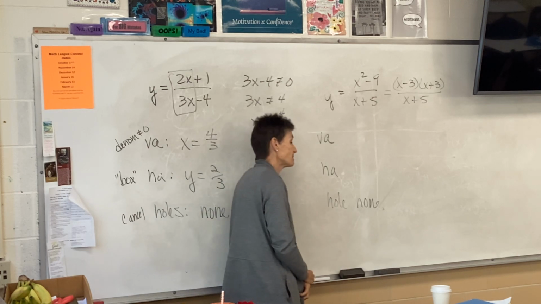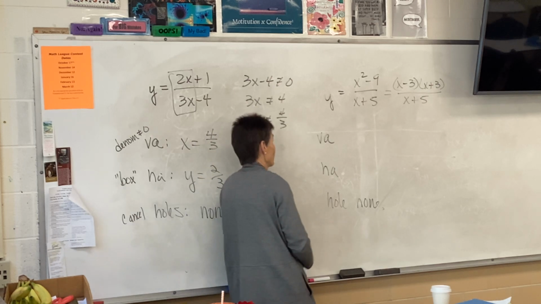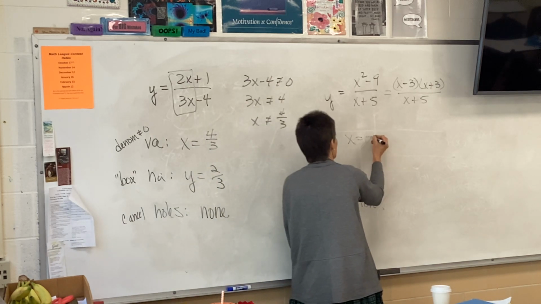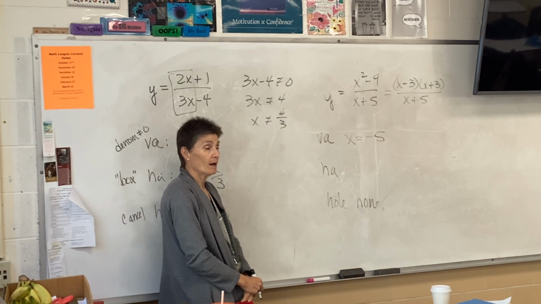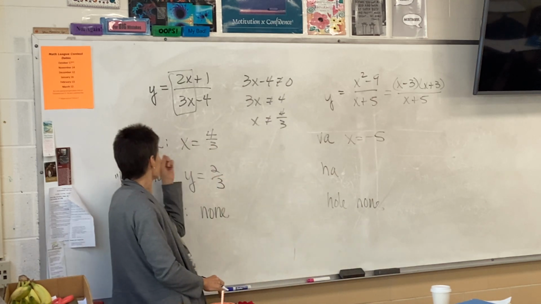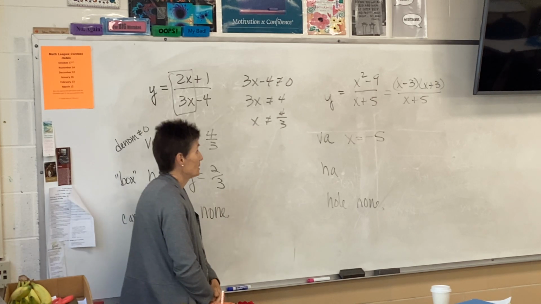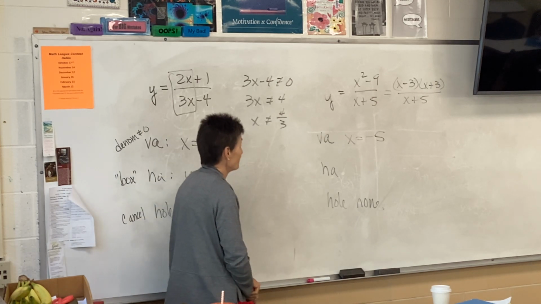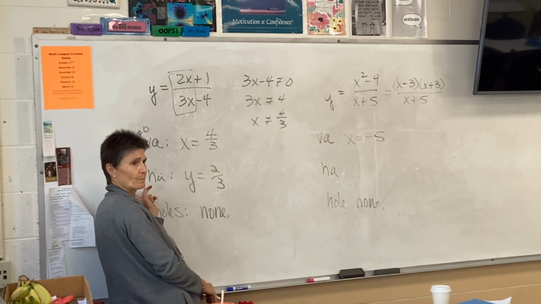Tell me about the asymptotes. The vertical asymptote is at x equals -5 because verticals come from the denominator. So -5, okay. Where do horizontals come from?